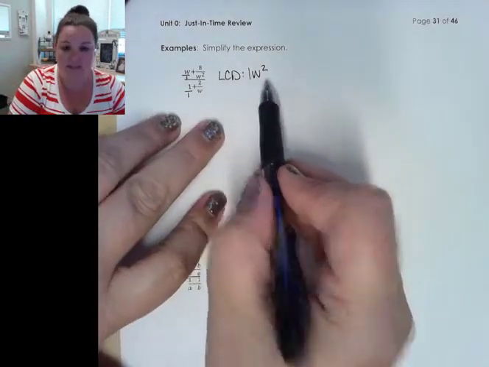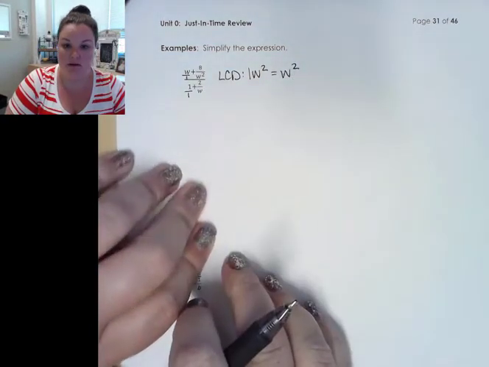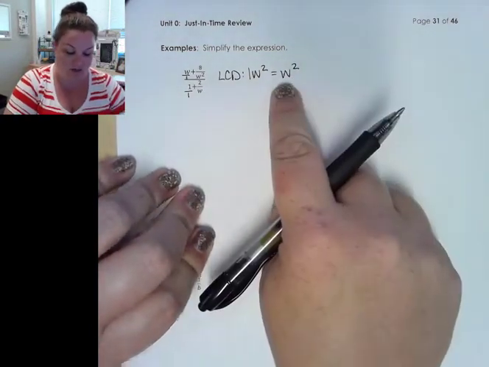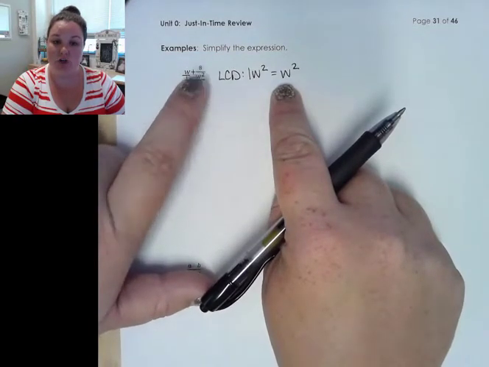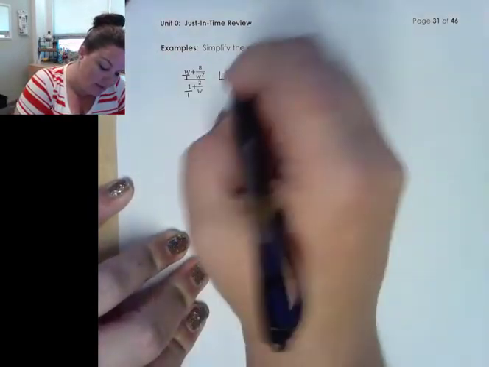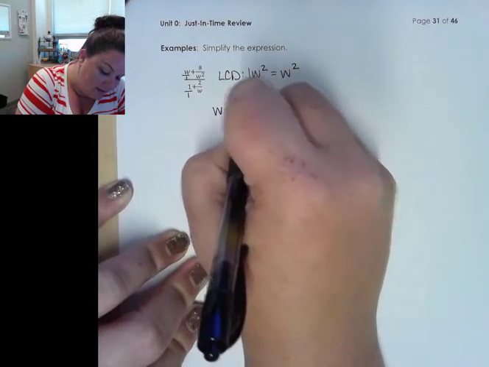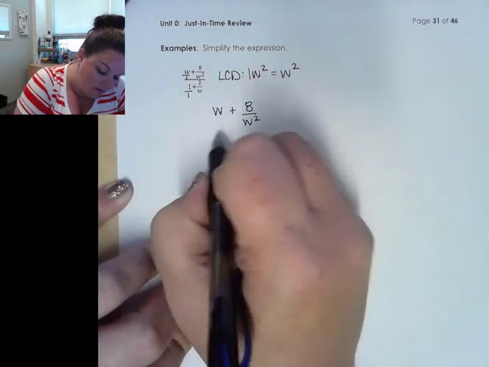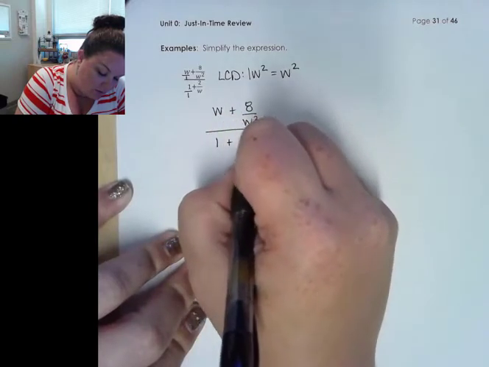And really, 1 times w squared is just w squared. So w squared is what I want to multiply to every single term of my original. So my original is w plus 8 over w squared, all over 1 plus 2 over w.